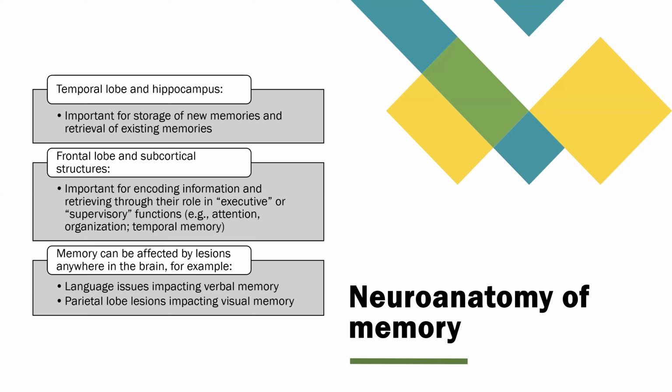So even if they don't have necessarily any damage or injury to the temporal lobe or to the hippocampus, they might still have issues with memory because of those language issues and because of the lesion in the language area of the brain. Same with parietal lobe lesions that can impact visual memory. So it's hard sometimes to pinpoint exactly where the injury is on that person and what exactly that's going to look like for their memory specifically.